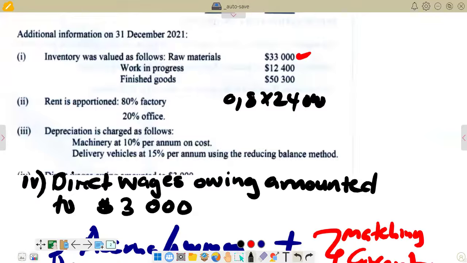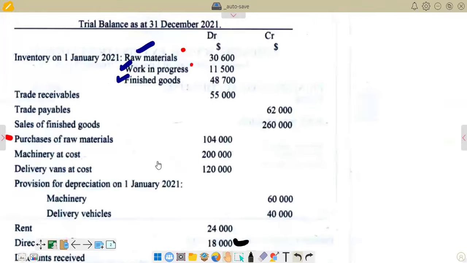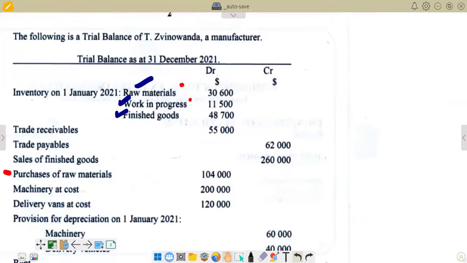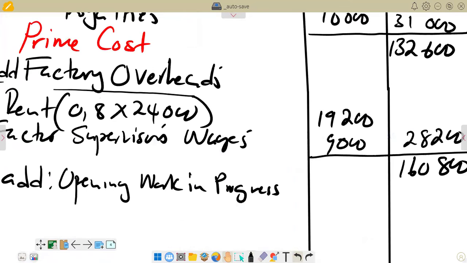So we come here, try to see what we have in terms of opening inventory of work in progress. 11,500. So we come back here. We indicate it as 11,500. And remember, we are saying add here. So we are adding to 160,800. And then the total is supposed to come here. So we add there, we're supposed to get 172,300.